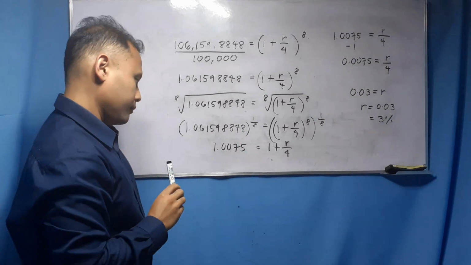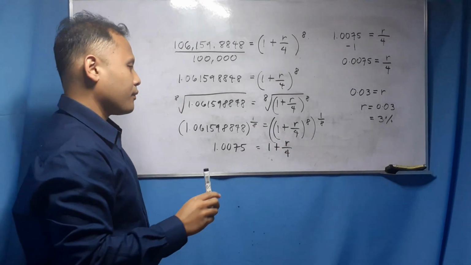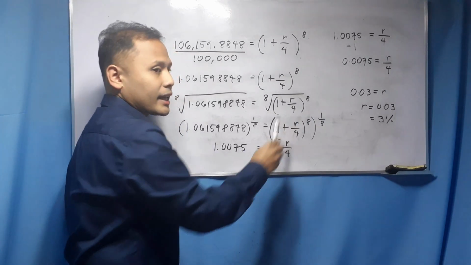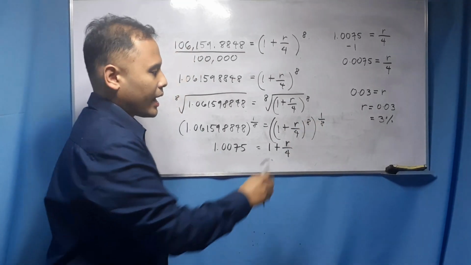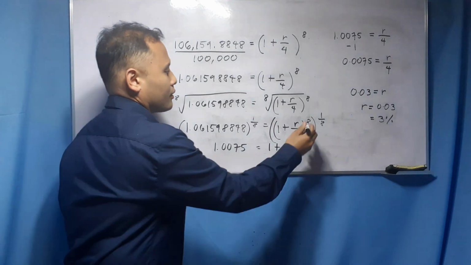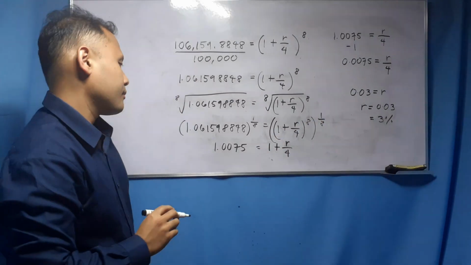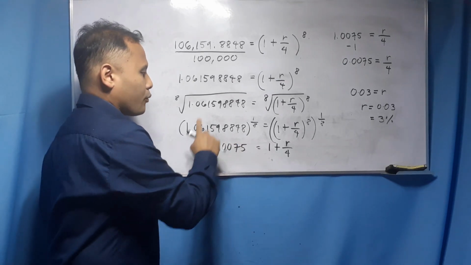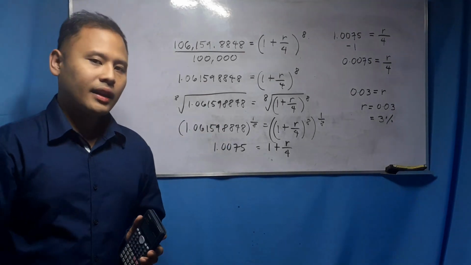In the right hand side, because of raising this expression to the power of 1/8, the 8 is cancelled, because 8 times 1/8 is 8 divided by 8, and that is equal to 1. How about this lengthy single number raised to the power of 1/8? We need the help of our scientific calculator for this.